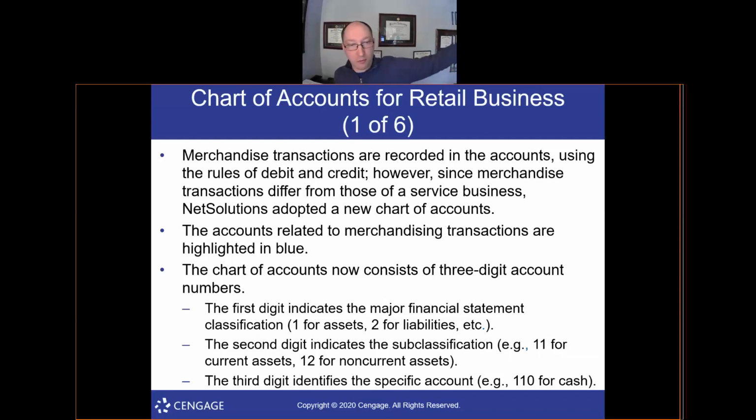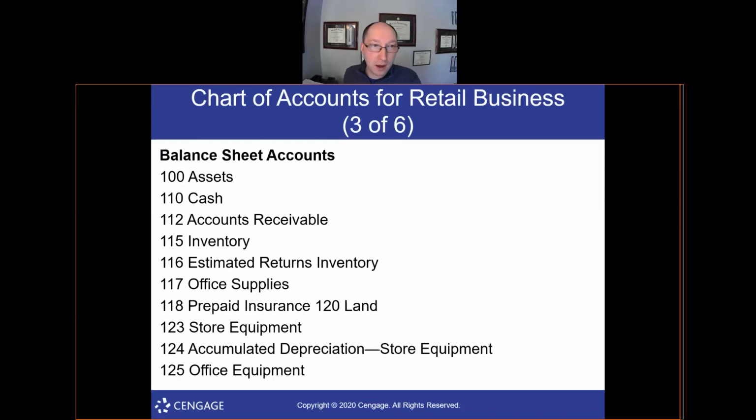We first start out with assets and then liabilities, and then we get into our revenues and expenses, and we go down the list. And what you'll find is that for merchandise businesses, you're going to have a few new items in your chart of accounts that you may not have seen before.